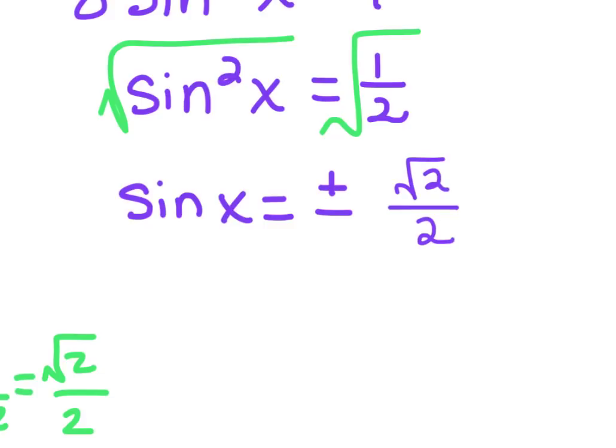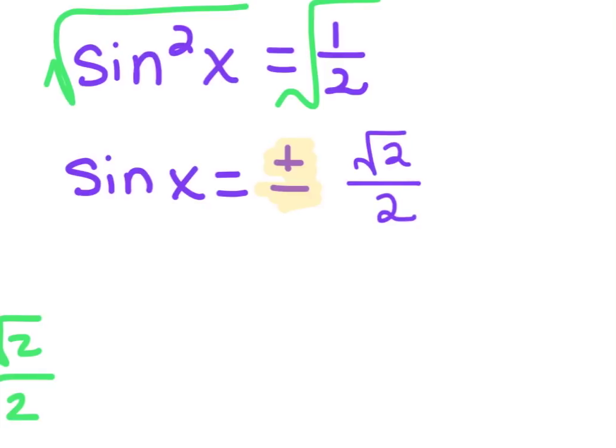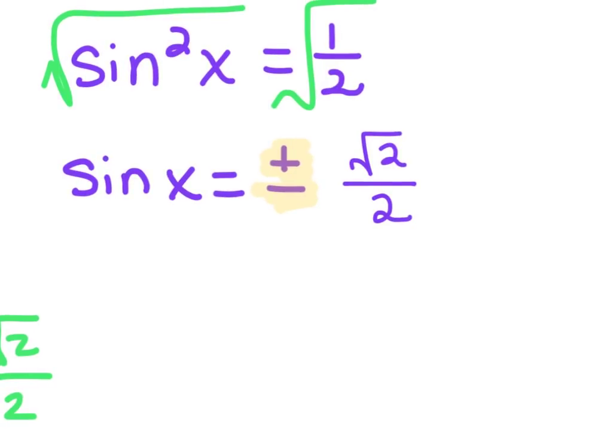Now, remember that sine is positive in the first and second quadrants and negative in the third and fourth quadrants. And so for problems like this, your answer is going to have 4 quadrants.